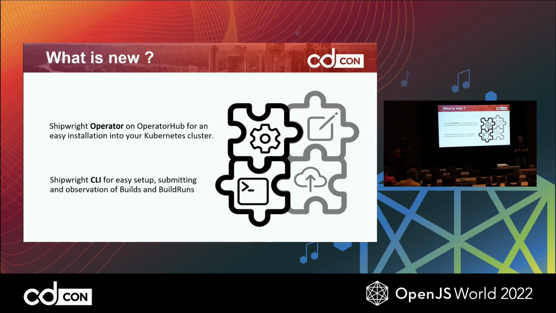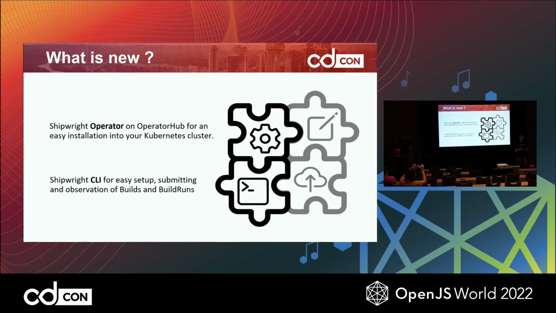So if you're used to installing things through Operator Hub, then you will find Shipwright there. The nice thing there is, Enrique mentioned that we use Tekton under the covers, and if you use the operator, then it will automatically install Tekton for you in the right version. So that makes the installation a little easier.